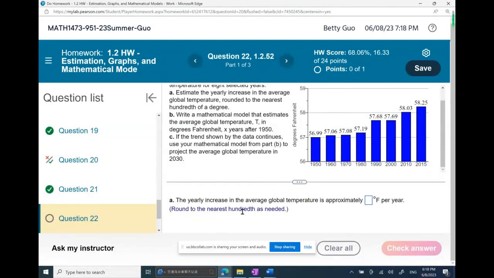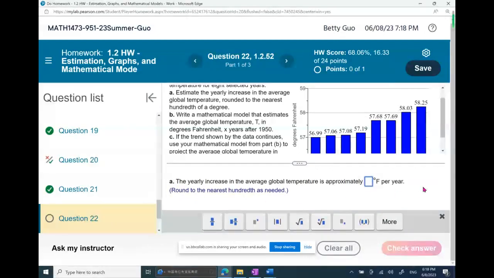Round to the nearest hundredth as needed. Rounding to the nearest hundredth is equivalent to keeping two decimal places. So what is it? 0.02. Do you have a 0.02? Yes. Yeah.